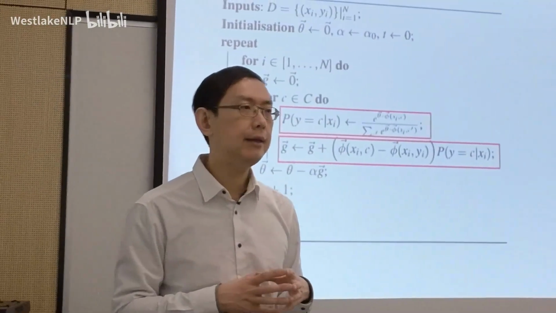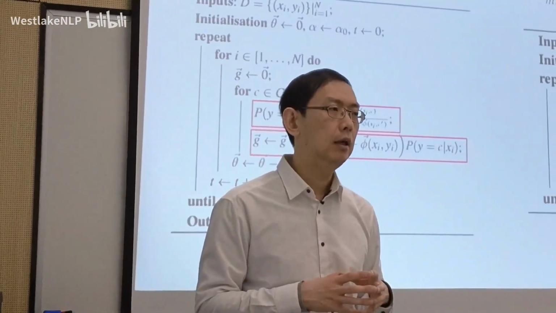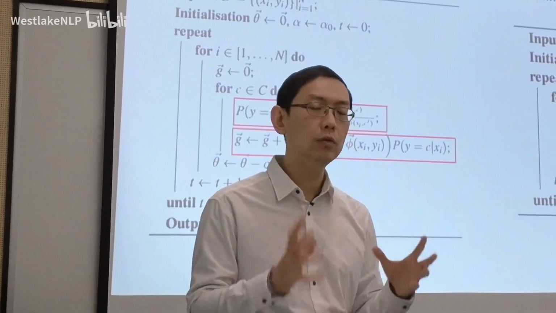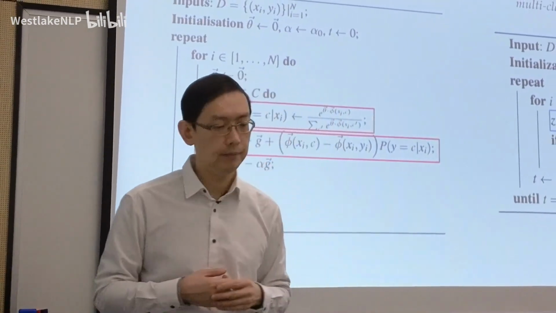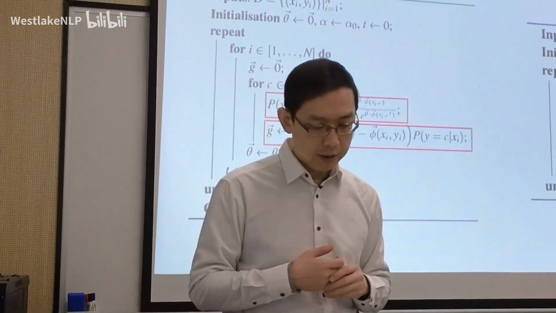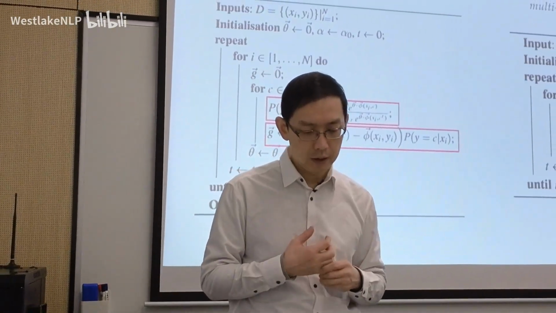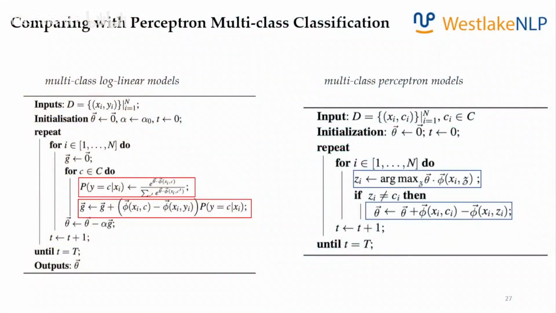fact that this incorrect instance is scored higher than your model score. Again, it's a passive update. If your model is correct, then we don't update. Otherwise, we adjust parameters. In contrast, the red boxes show your log linear model. It does the update, first of all, not only for one incorrect label, but for all possible class labels.